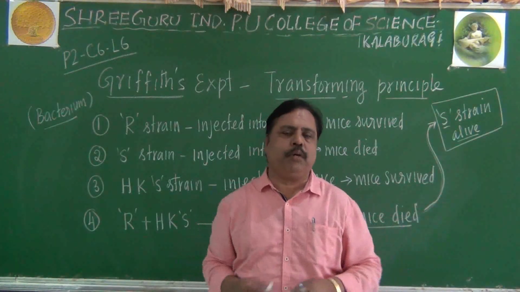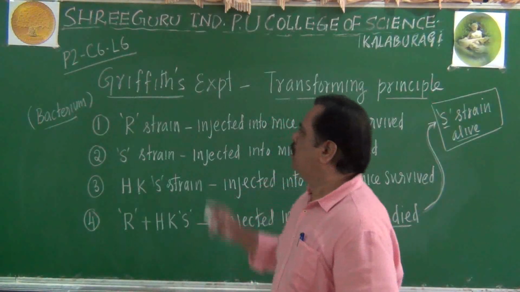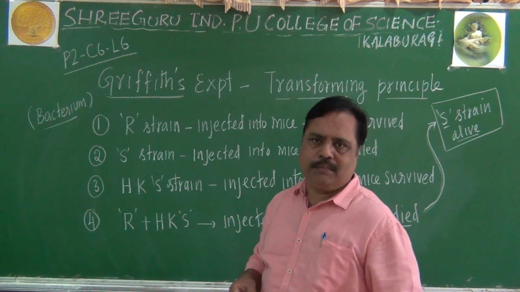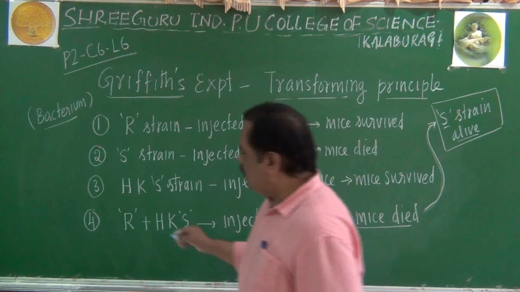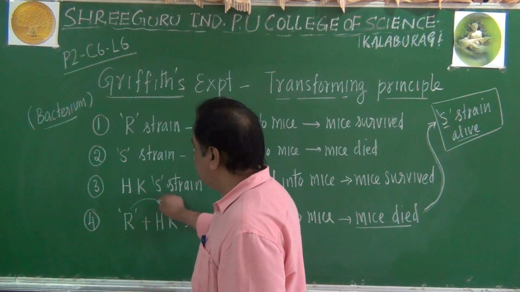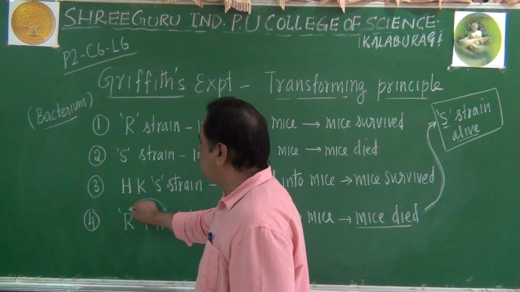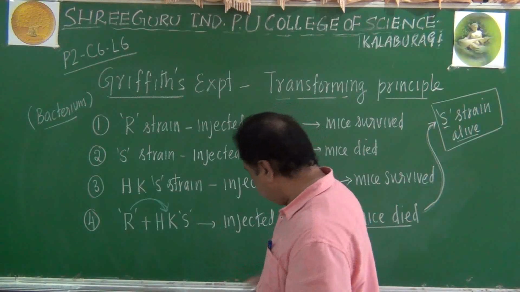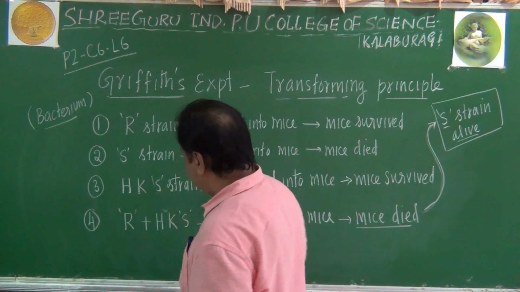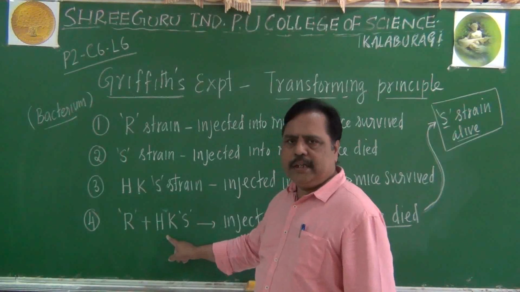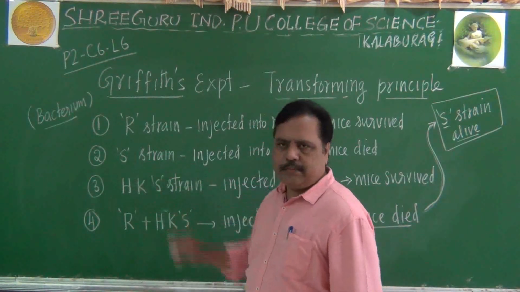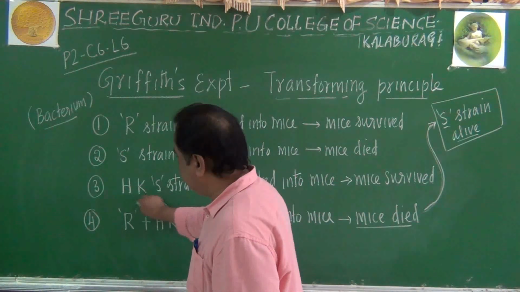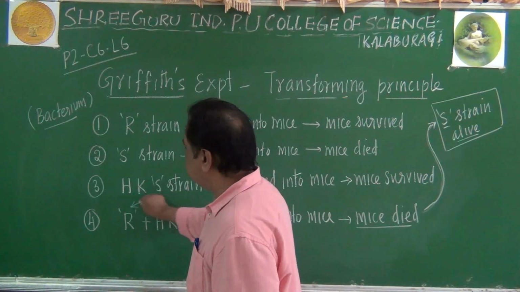We have to explain the point now. Griffith's conclusion was that something must have been transmitted from the dead bacterium to the living R strain.